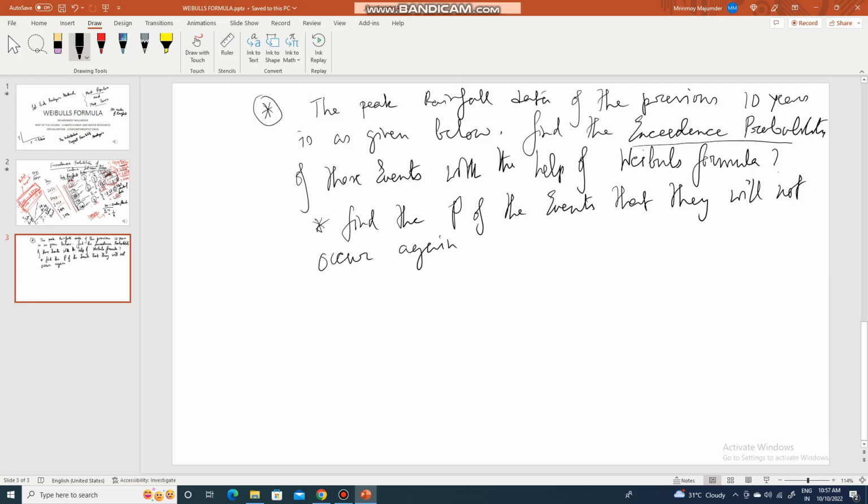First calculate the exceedance probability. Suppose this is P. And then just deduct the P from 1. So this will give you Q. This Q is actually the non-occurrence probability.